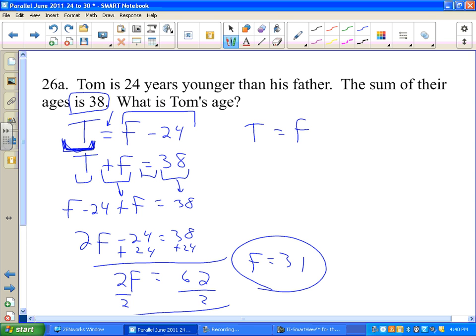Tom is father minus 24, and then put Tom is 31 minus 24. Tom is 7. Do they add up to 38? Yes. Are they 24 years apart? Yes. So don't think that you had a shortcut and you knew this right away. This is trickier than it seems.